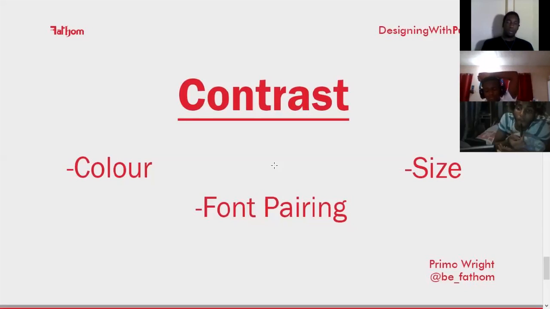The way contrast works is that you have to see a drastic difference. With color, one has to be desaturated and the other saturated. With size, one has to be small and the next one really large.